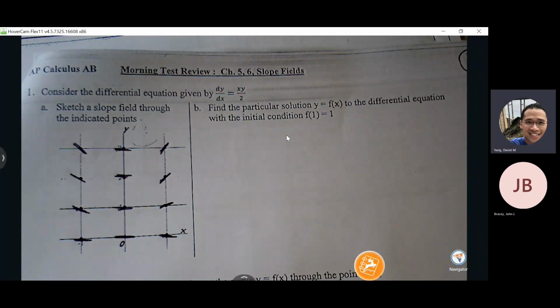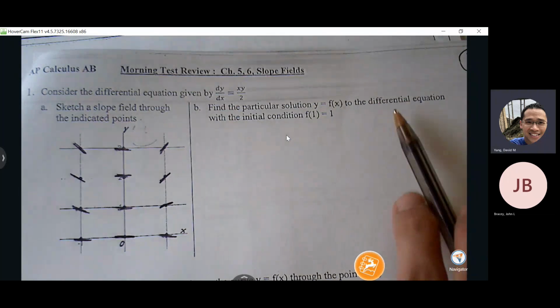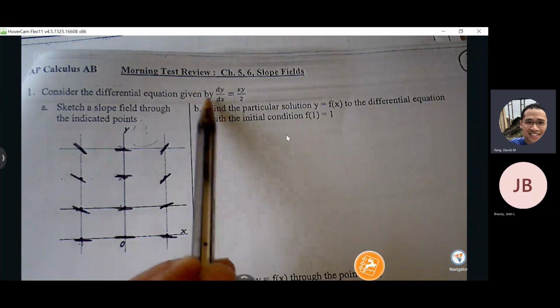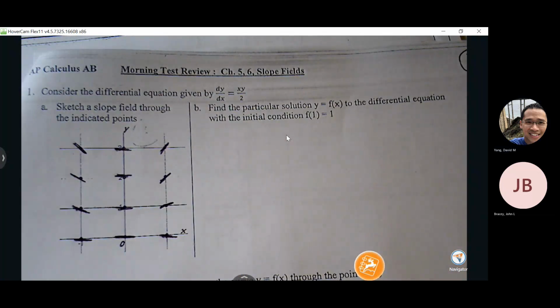Okay, it says find the particular solution for the differential equation. So we're going to cross multiply and go through all that process to separate the variables.